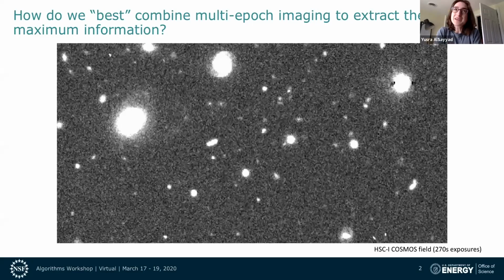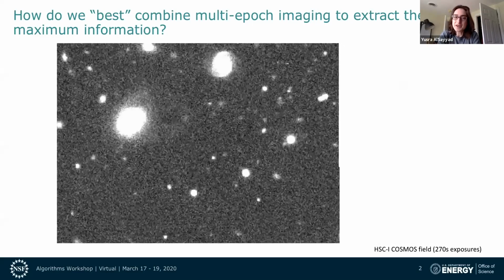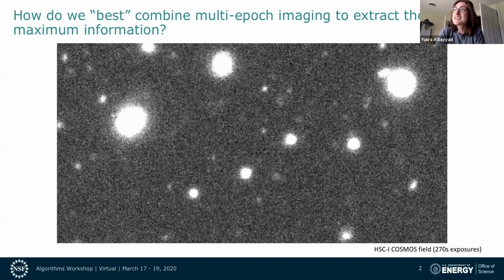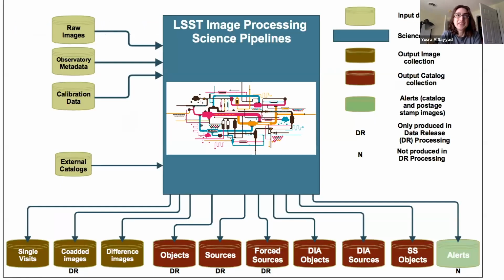We are trying to best combine the multi-epoch imaging taken in a variety of atmospheric conditions to extract the maximum amount of information. And we're going to do this through software. The inputs are going to be raw images, observatory metadata, calibration data, and the outputs are going to be a variety of data products. And don't pay attention to the names of these data products yet. We're going to go into these in gory detail.